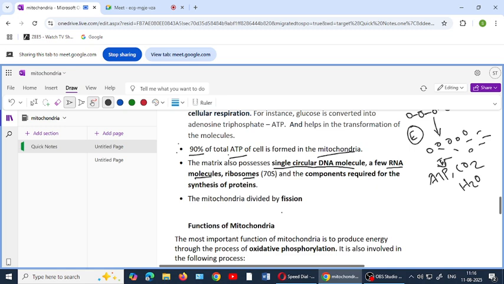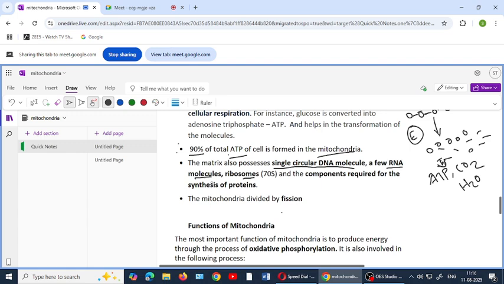And the components required for the synthesis of protein. So what all things are present in the matrix? Single circular DNA, few RNA molecules, ribosomes of 70S type, and some components required for the synthesis of protein.